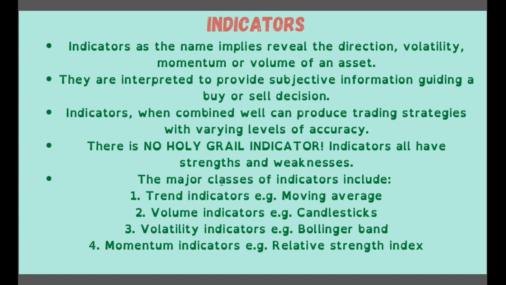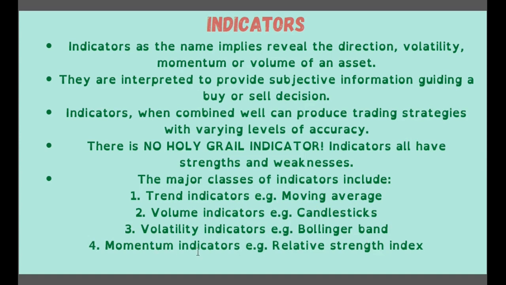As we proceed, you will realize that a successful strategy will have indicators that complement each other. The major classes of indicators include trend indicators, e.g., moving average. We have the volume indicators, e.g., candlesticks.